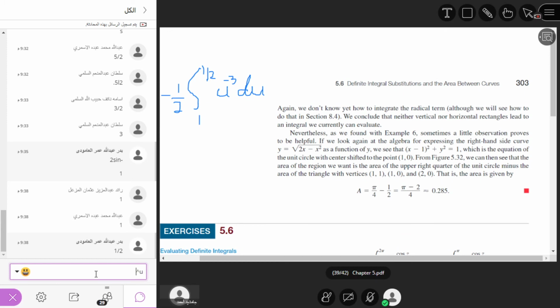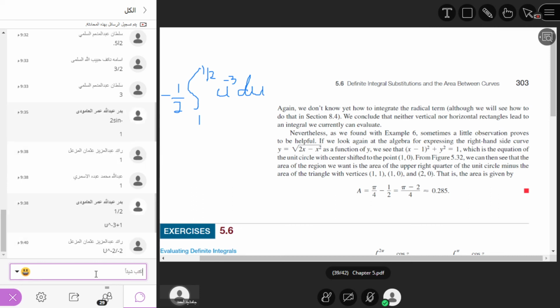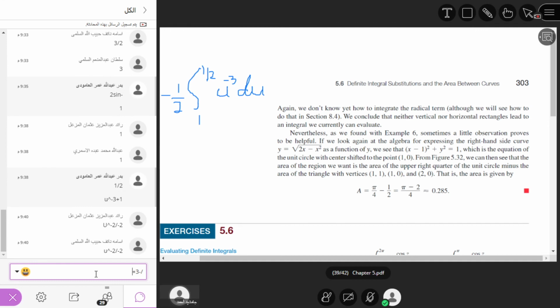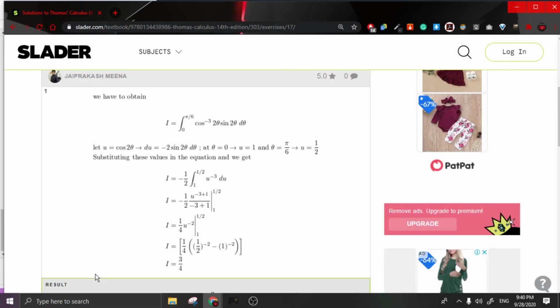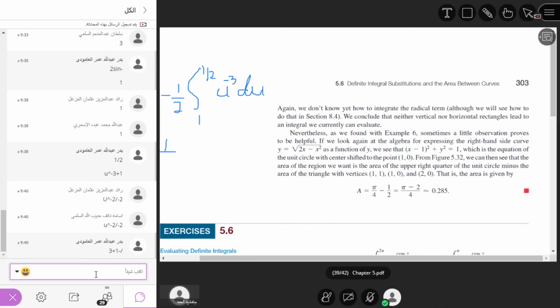U power, yes, it is correct, Badr. Minus 2, yes, Raj, you are correct also. So this will be equal to minus 1 over 2 times u power minus 2, divided by minus 2.